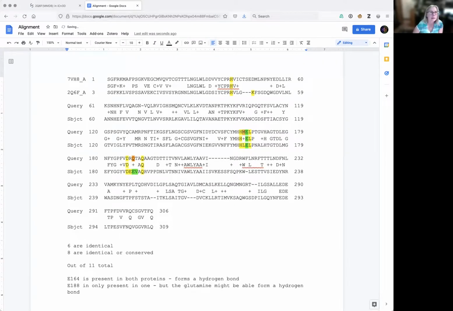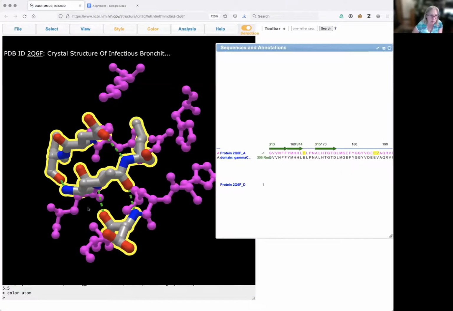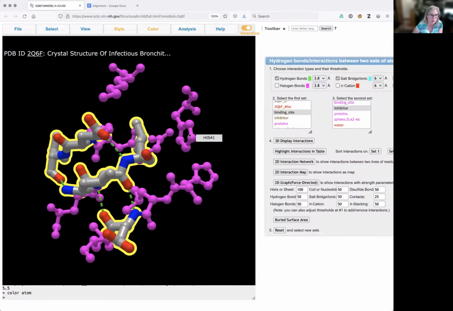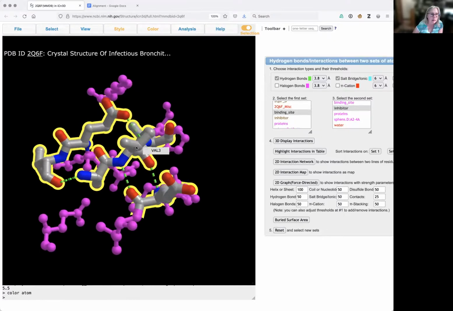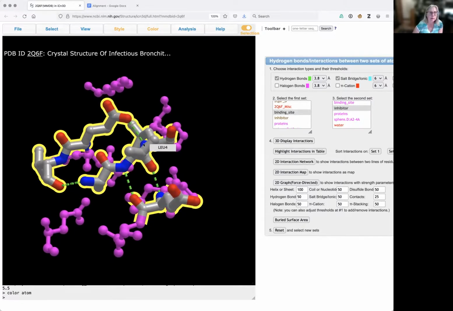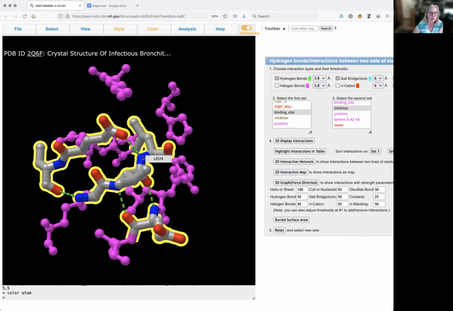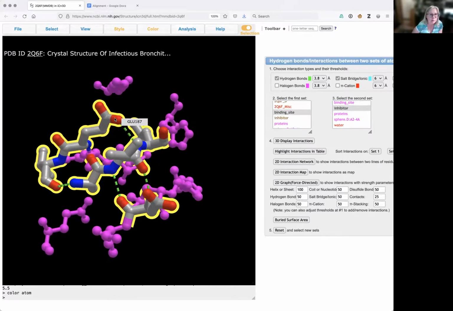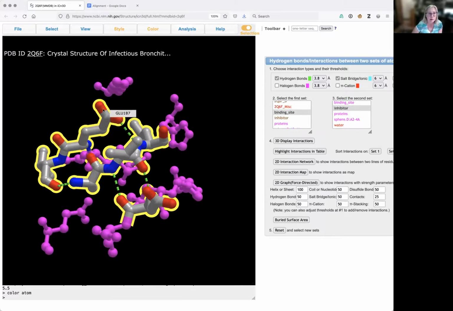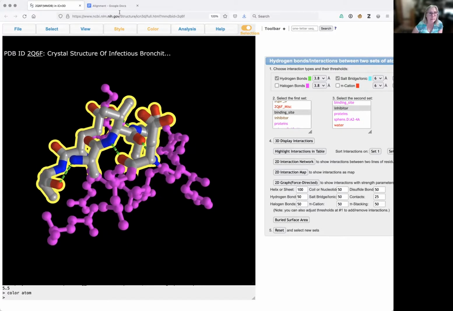And that actually makes a lot of sense if you think about it, because if we look at this, the side chain that is interacting with the inhibitor has an oxygen here, right? 2 oxygens at the end of the side chain. Glutamine has an oxygen and a nitrogen. So it makes sense that glutamine could be forming a hydrogen bond at that position.